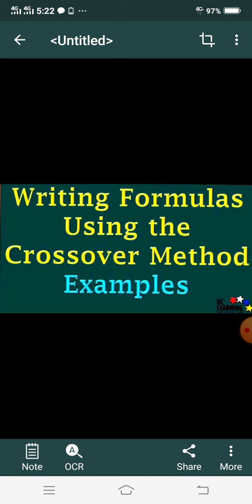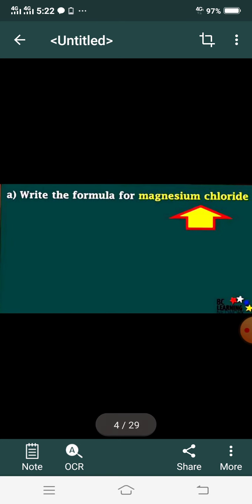For example, if we have two persons, Ahmed and Ali, we just exchange the caps of Ahmed and Ali by interchanging them. Ahmed's cap is supposed to be given to Ali, and Ali's cap is supposed to be given to Ahmed. Now we have some examples.